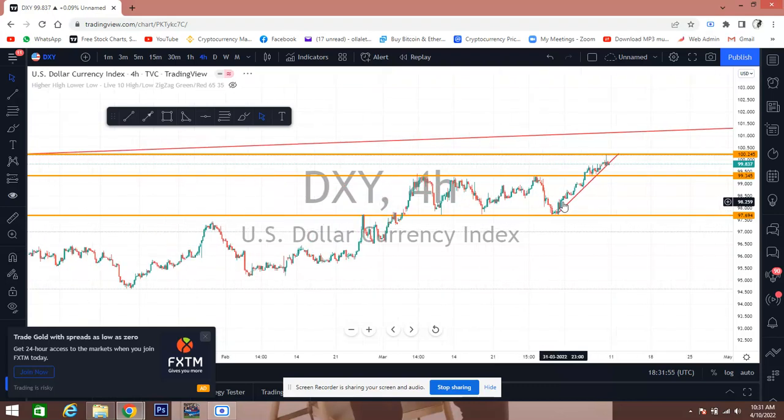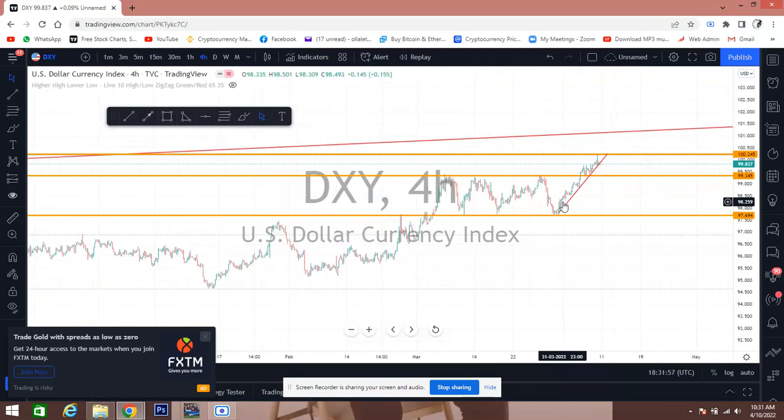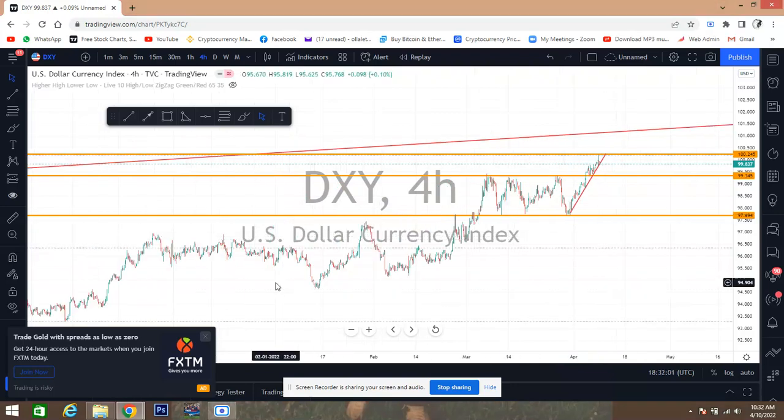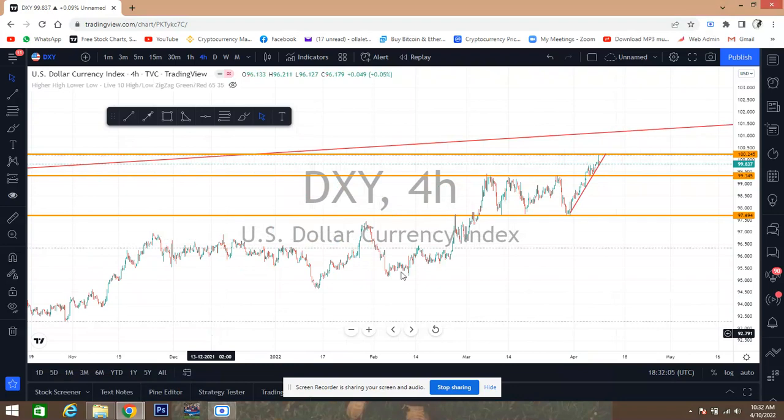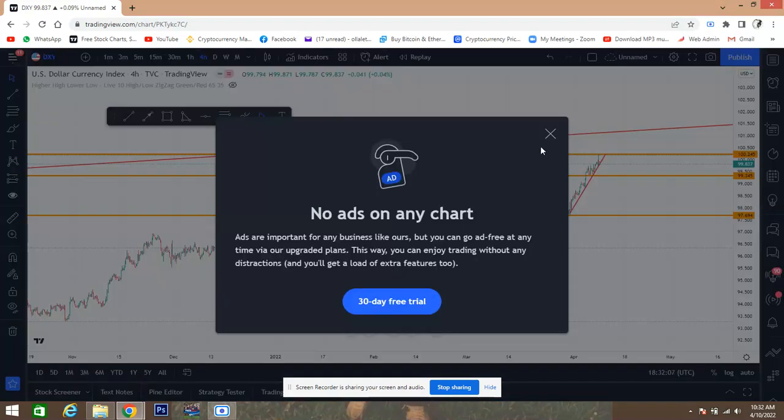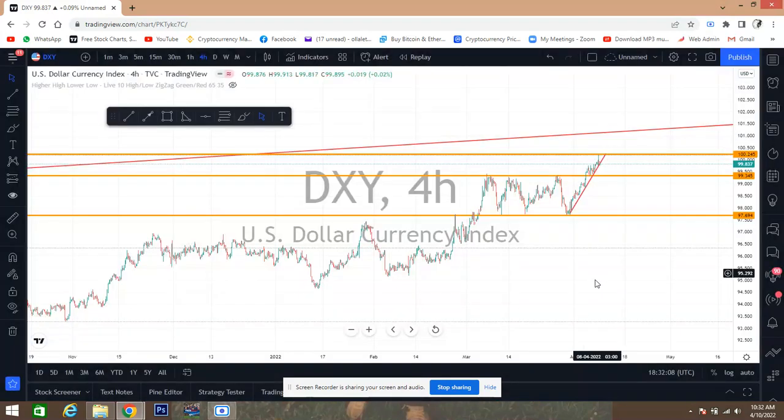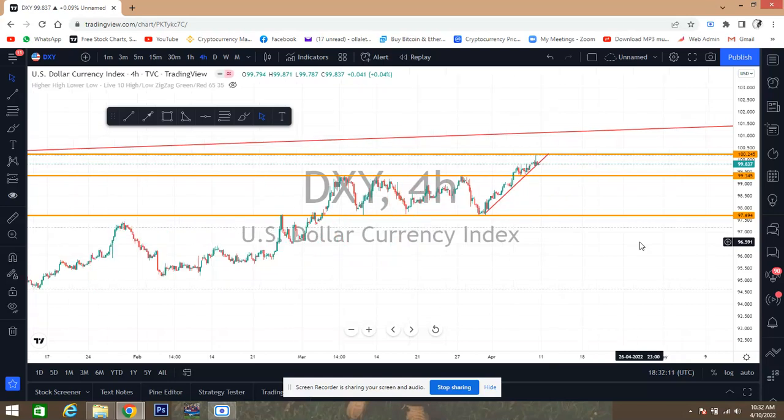Whatever your bias is, always pay attention to the bigger picture. People who study the movement of DXY know that if DXY is buying, Euro USD will be selling. If Euro USD is selling, DXY is buying.